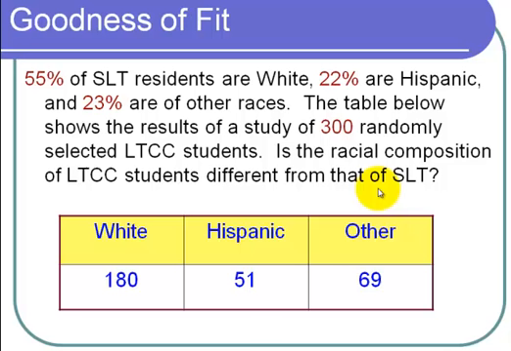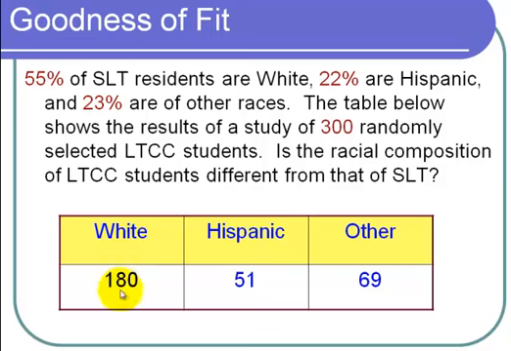We're going to use the goodness of fit test because we're testing to see if the distribution of races of this unknown population, the LTCC population, is the same as the known population, which might have come from the Census Bureau, of South Lake Tahoe residents. Because of that, it's a goodness of fit test.